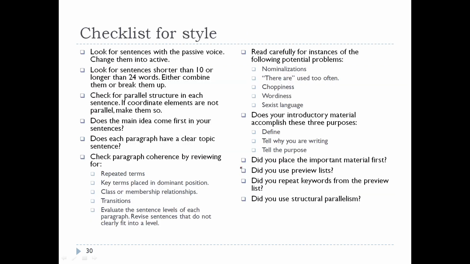Now here is a very simple checklist for style. You can get a printout of it, and whatever you write and whatever you revise, you can look at this list and look at your document, and then start checking if you have done all these things. Okay, so this is important. This is not exhaustive, you can add certain things to it, but this is the simplest one that I got from your book.